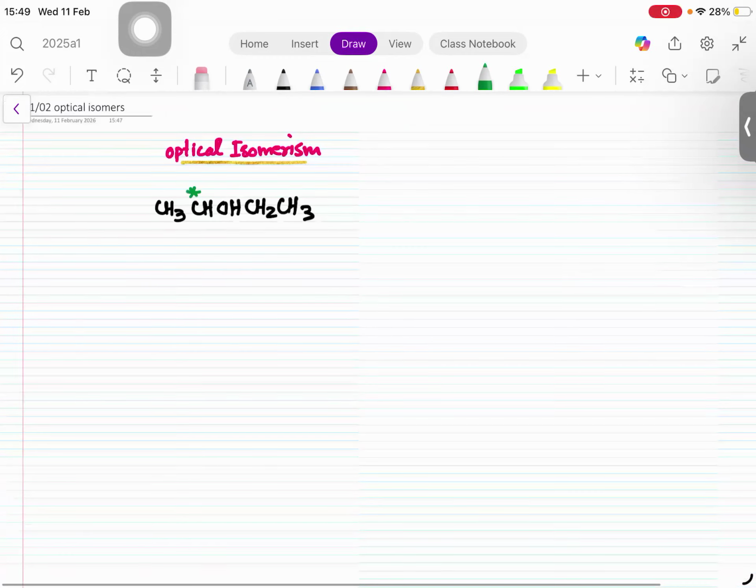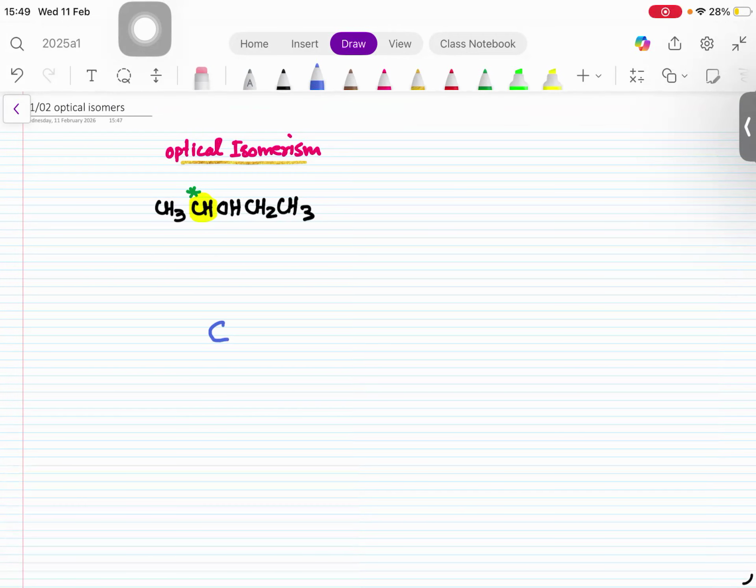When you are about to draw the optical isomers, listen to me carefully. This compound contains a chiral carbon, so it is going to show the phenomenon of optical isomerism, and you have to draw the optical isomers. To draw them, you write that chiral carbon. Look here children, this is the chiral carbon.